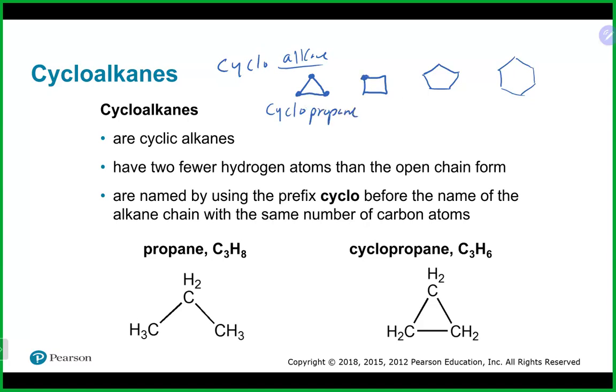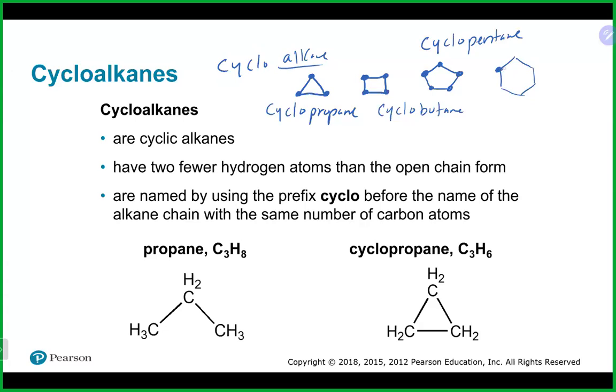This is a ring structure where we have 1, 2, 3, and 4 carbons. 4 carbons is based off of butane, and because it's a ring structure, this is known as cyclobutane. Here we have 1, 2, 3, 4, and 5 carbons, all in a closed structure. 5 is pentane, so this would be cyclopentane.